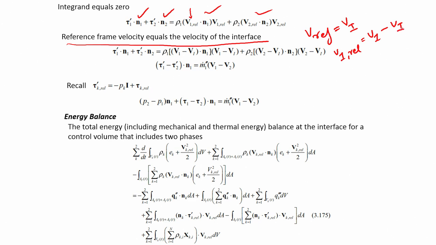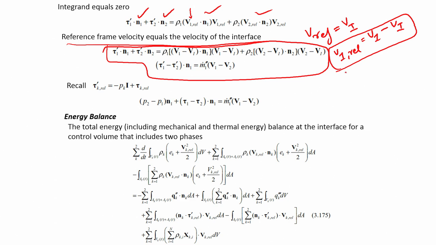This is the total expression that we get after substitution, and the corresponding V2 relative also. What it tells you is that the stresses acting on the interface are basically nothing but the flux terms. So, the stresses are equal to the flux term; that is essentially what it means.